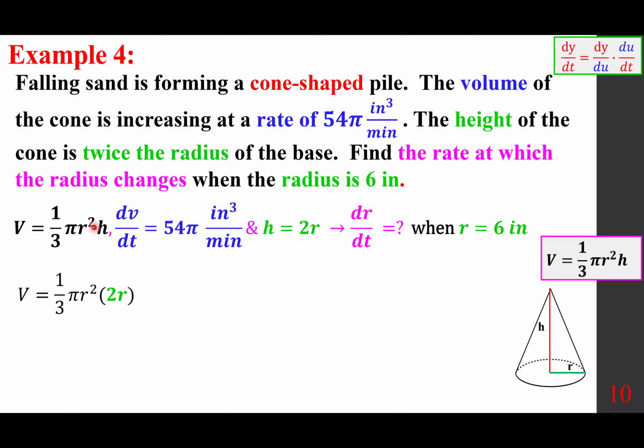Now, if the question is asking for dh dt, and I highly recommend you try this on your own, in other words, find the rate at which the height changes for the same question, then you keep the h and you change the r. If h is 2r, r is h over 2.